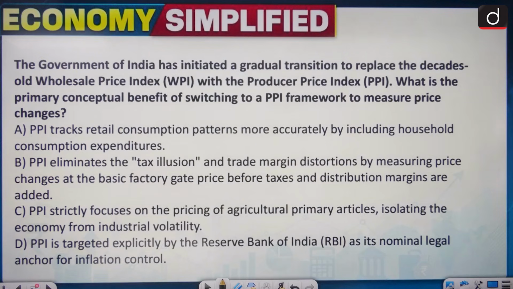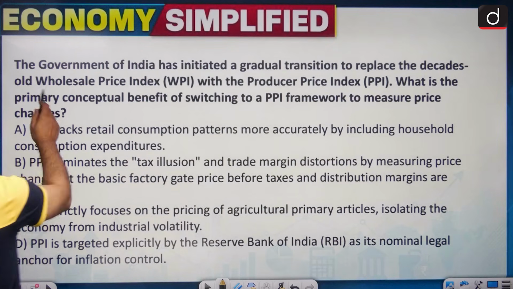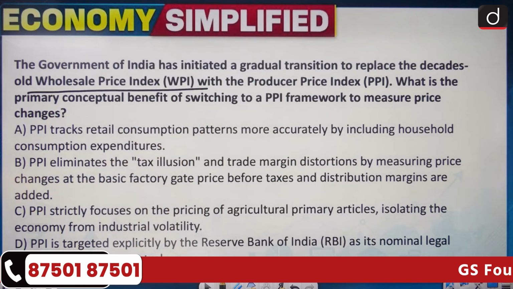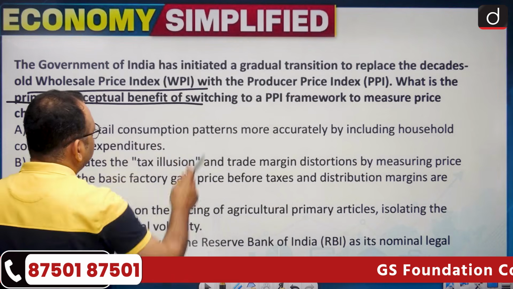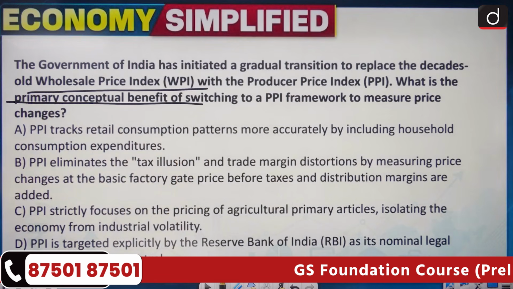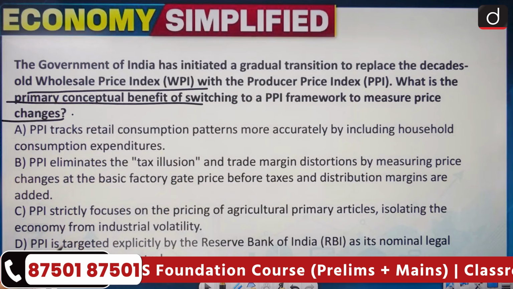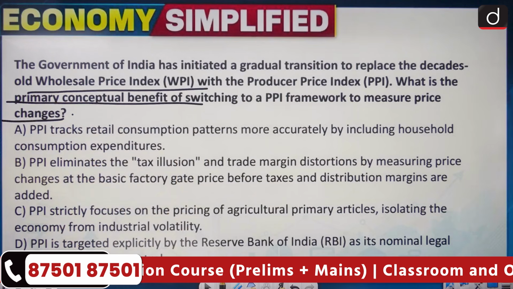You see, the first question is: the government of India has initiated a gradual transition to replace the decade-old WPI with the PPI, as I said, right? What is the primary conceptual benefit of switching to a PPI framework to measure the price changes? The question is why are we changing to the PPI from the WPI?